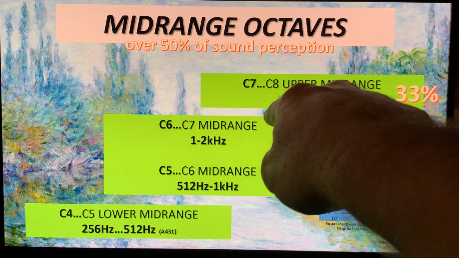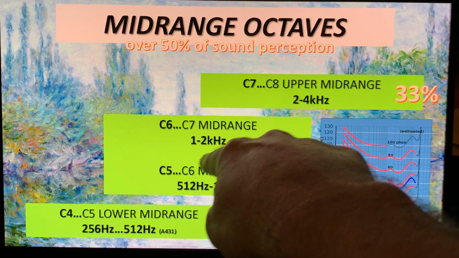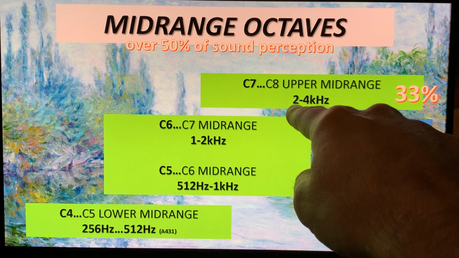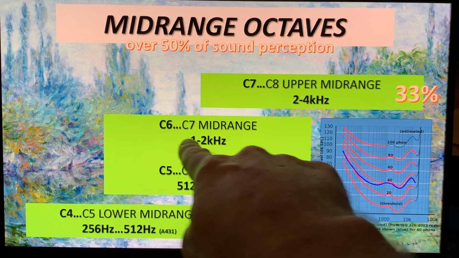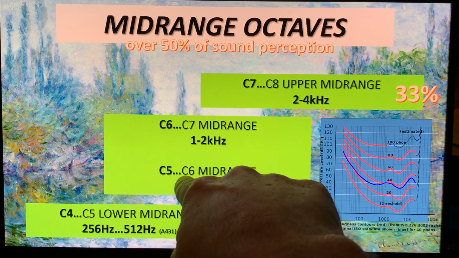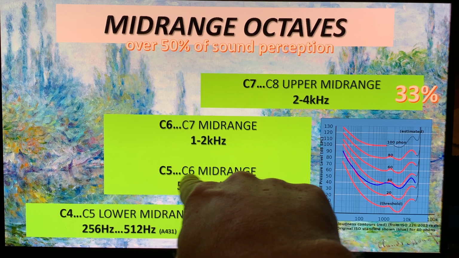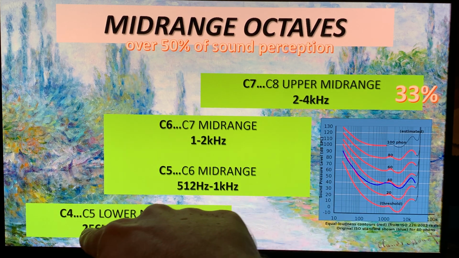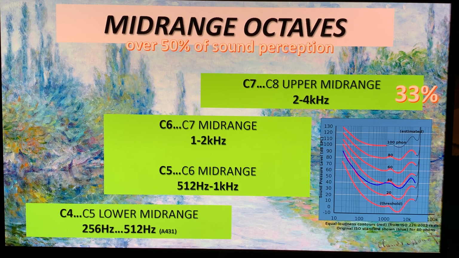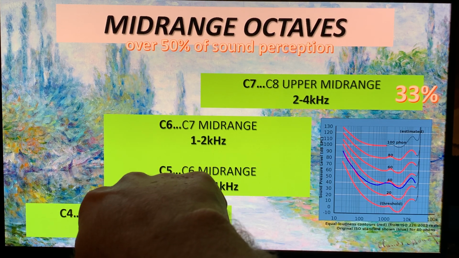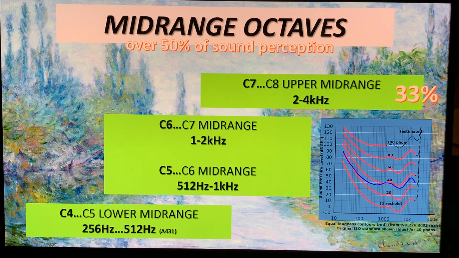And as they grow up, the fundamental of their crying and speaking gets lower and lower in frequency. Growing children have the C6 octave mid-range, which is between 1 and 2 kilohertz fundamentals. Bigger kids are already in the C5 octave, and the C4 octave is the lower mid-range. Adults use that range predominantly, especially women. Men can come up to the C4 octave or go down to the C3.